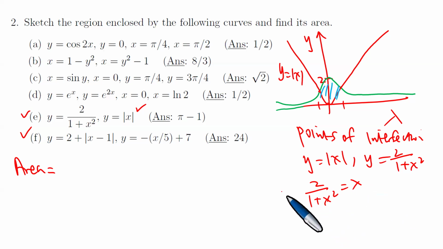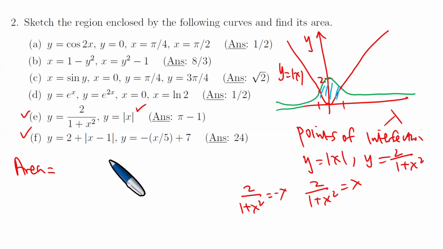And then you have two things: 2 over 1 plus x squared is equal to x, and 2 over 1 plus x squared is also equal to minus x. So the question becomes, what are the points of intersection of these?